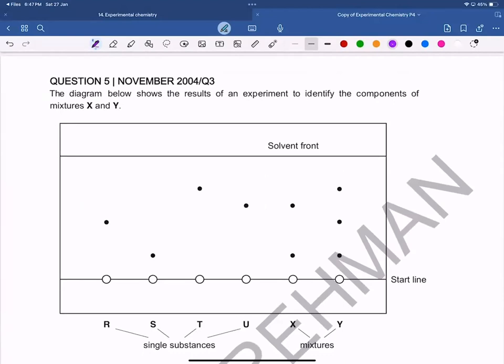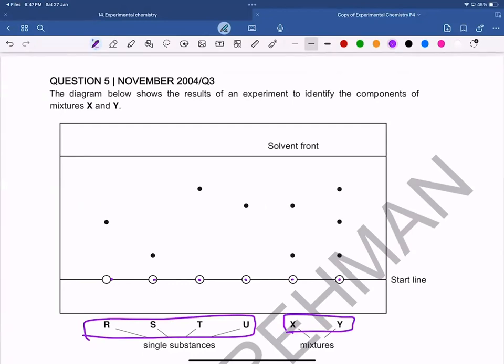When chromatography is performed, there are so many different spots, but also mixtures. There are two mixtures. One spot is placed here, one here, one here. If you look at these four, these are single substances because in each of them you are getting one spot. And if you look at X and Y, these are mixtures.